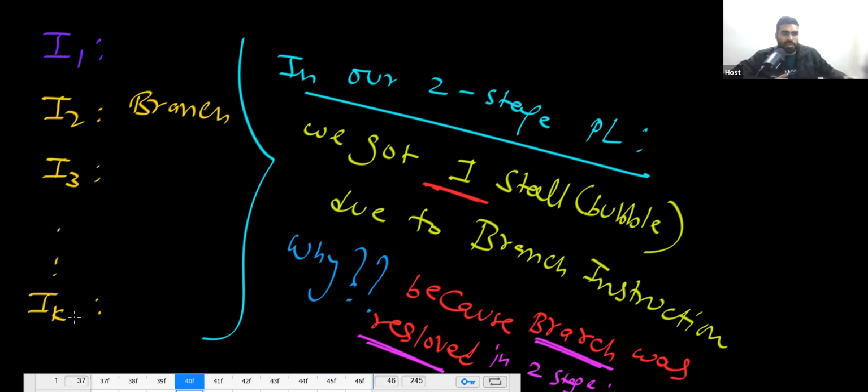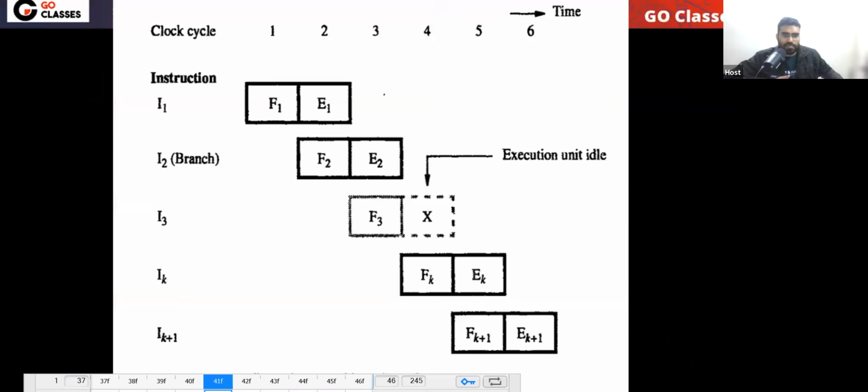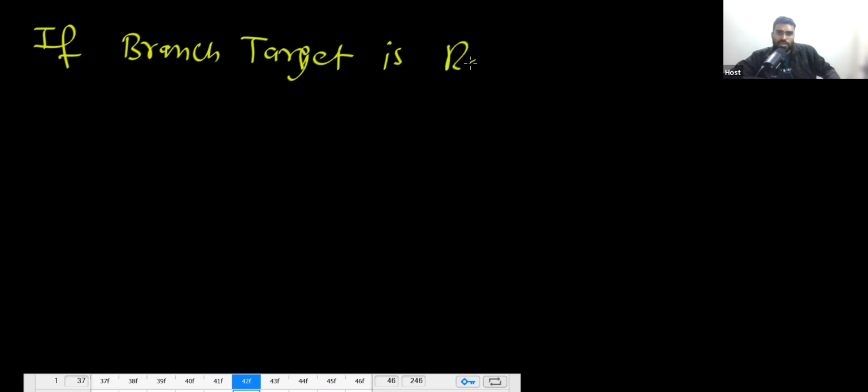So if I resolve in the kth stage, then what will happen? If the branch target is resolved in the kth stage, if the branch target is known, this is called branch resolution.